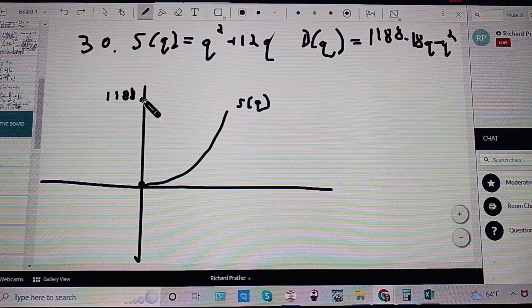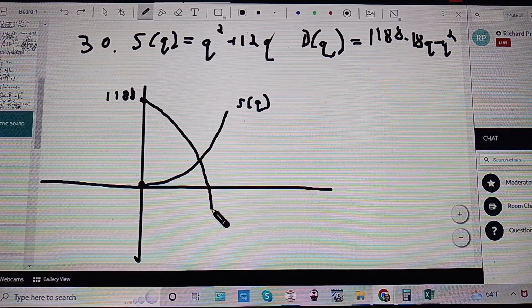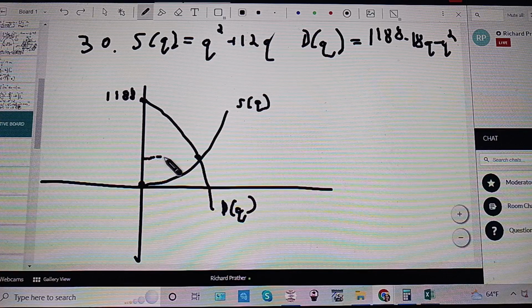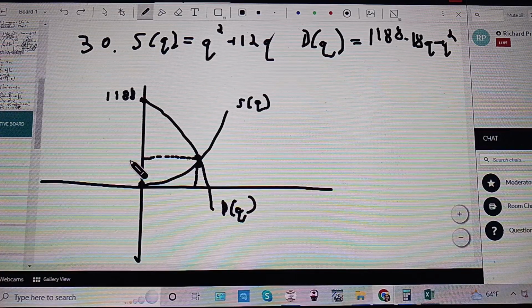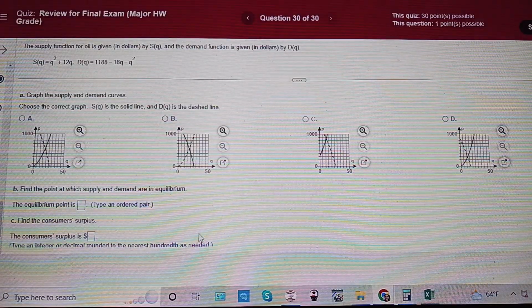So minus q squared goes downward. Here's the point of equilibrium. If I draw a horizontal there and a vertical, I need to know this coordinate because then I'll have the x coordinate and the y coordinate at that spot. Those two numbers are very much needed to finish this.